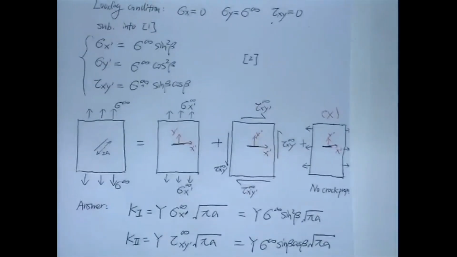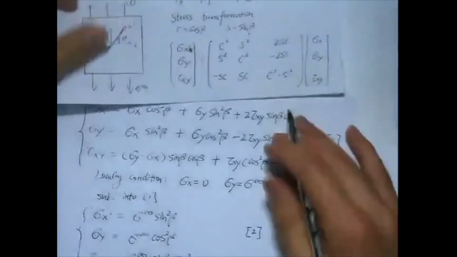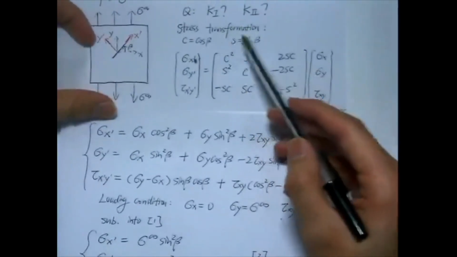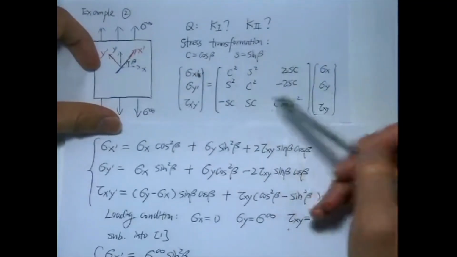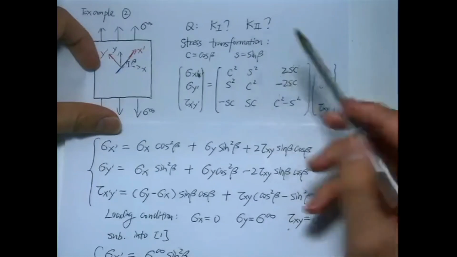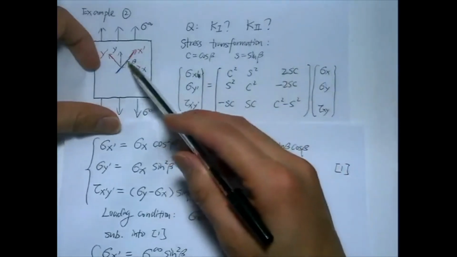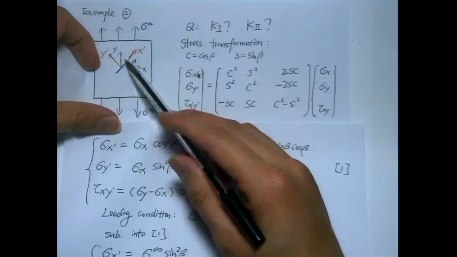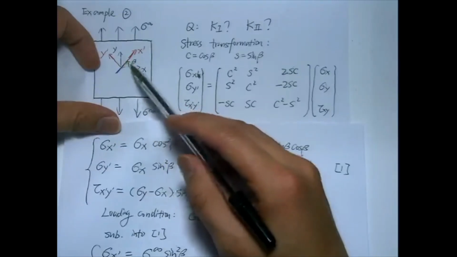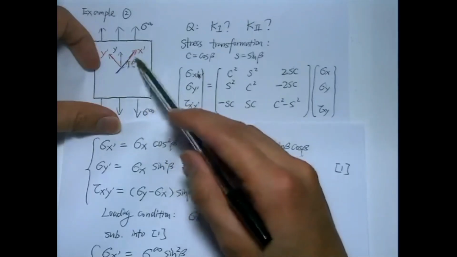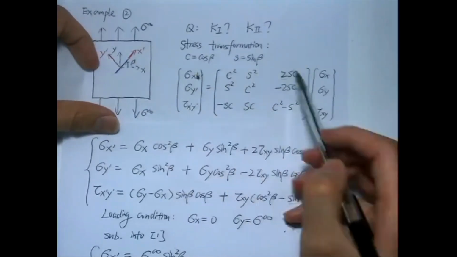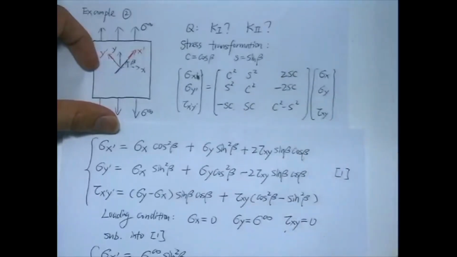So I would say this is quite straightforward. The only important thing is to do this stress transformation and make sure you use this transformation matrix correctly, because beta is denoted here. But if beta is denoted there, you need to use 90 degrees minus that angle, such that you get this angle, and plug that into this transformation matrix. Okay? Let's stop here.